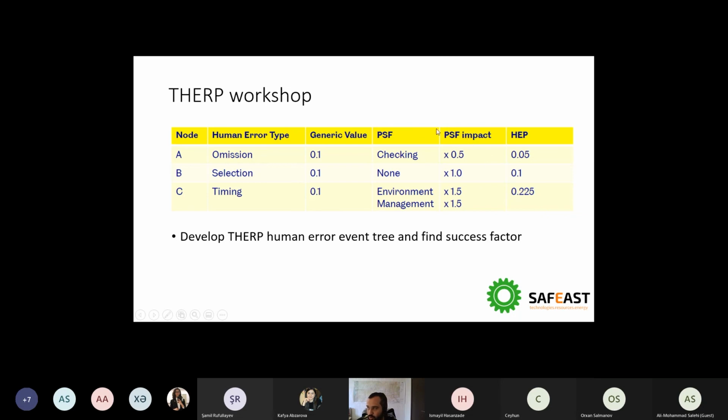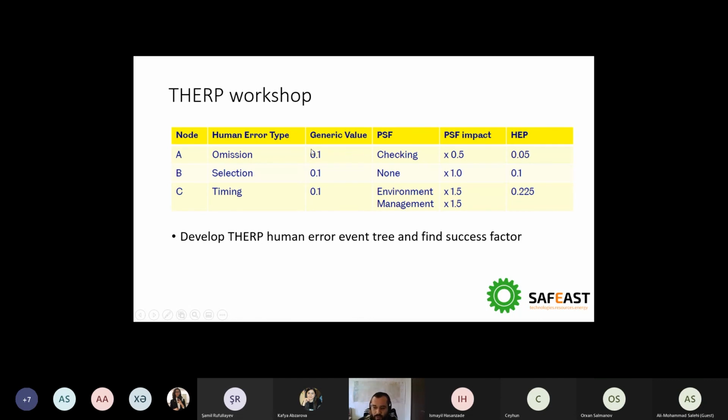Then when you have frequencies, you can also see and quantify the effect of the performance shaping factor. For example, for omission, let's say your generic frequency is 0.1, which means that you will make an omission mistake every 10 times. But with checking, let's say you add a second person checking the thing, independent verification, and this will change things from 0.1 to 0.05.